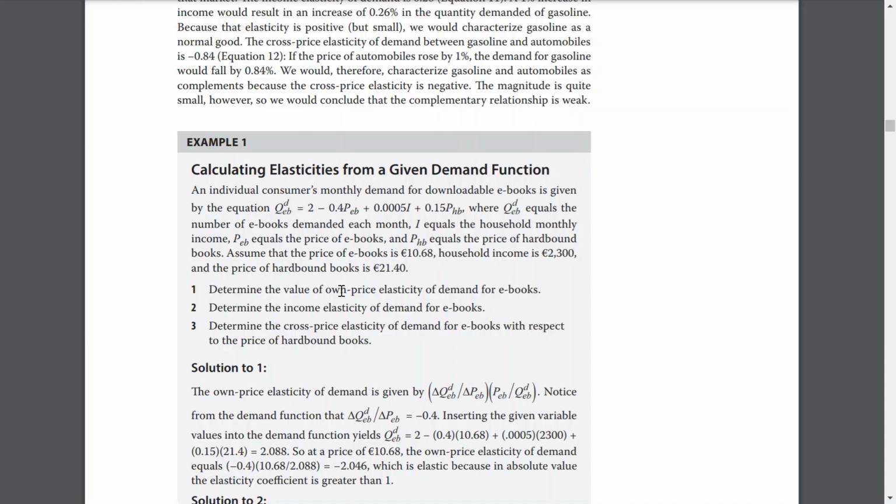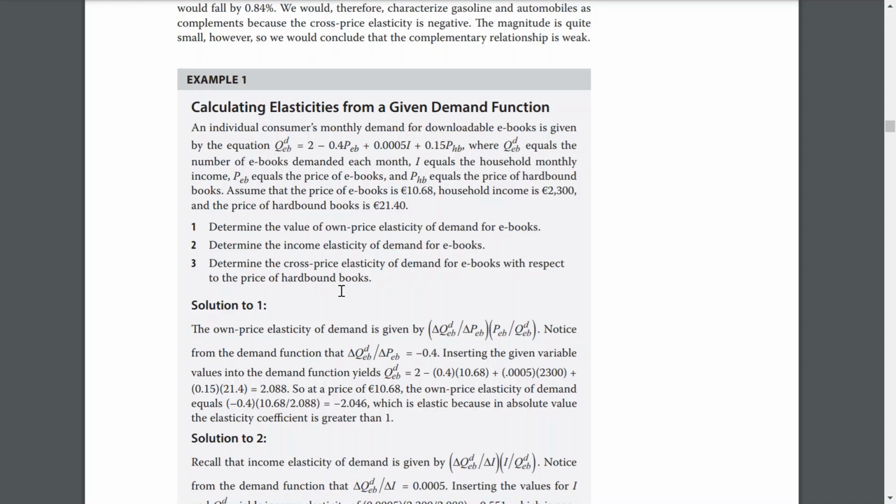Example 1: calculating elasticities from a given demand function. An individual consumer's monthly demand for downloadable ebooks is given by this equation, where QEB is the number of ebooks demanded each month, I is the household monthly income, PEB is the price of the ebooks, and PHB is the price of hardbound books.